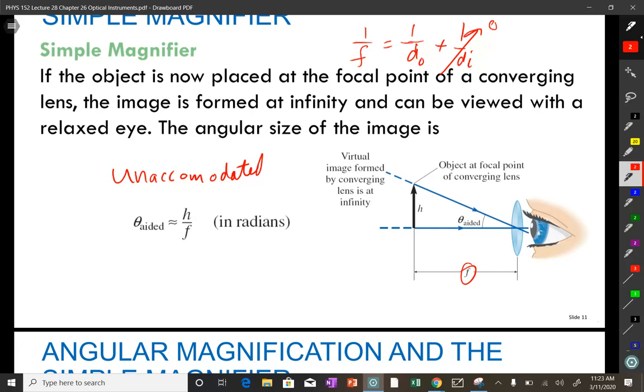But remember the vertex ray goes straight through. And so the image is going to be formed somewhere along this ray. Hence, it still is correct. Because the image will be somewhere, it'll just be out at infinity like that.